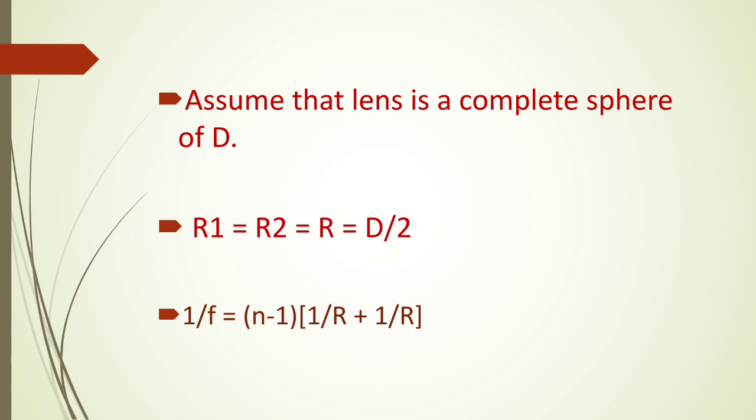Keep it in your mind that the diameter of a spherical lens is represented by capital D. So in order to find out the relationship between the focal length and the diameter of a spherical lens, we assume that the spherical lens is in the form of a sphere of diameter D. If it is in the form of a sphere, then R1 will be equal to R2, and it will be equal to R, where R will be the radius of this sphere, and this R will be equal to D by 2.